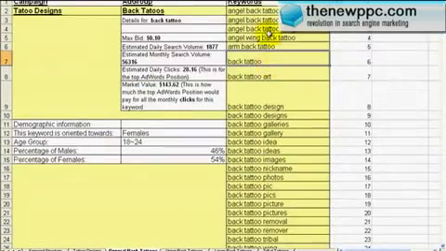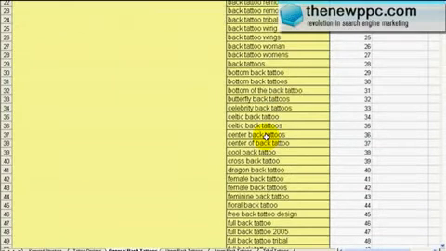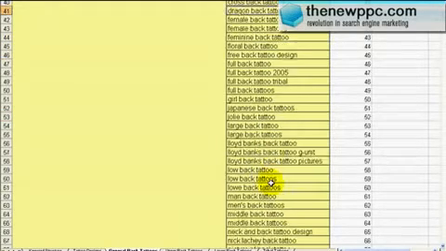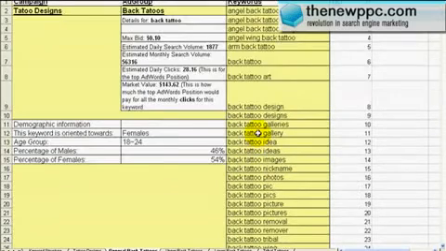So if you added up all these terms, we're talking a lot more clicks and a lot stronger, tighter clicks. Because look at dragon back tattoo, female back tattoo, and you have middle back tattoo, and you have a lot of these very upfront words where people are looking for something very specific. And when people are looking for things that are specific, they're generally looking to make a purchase, or they're looking for direct information about that.